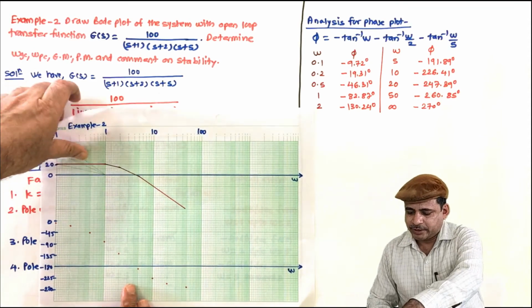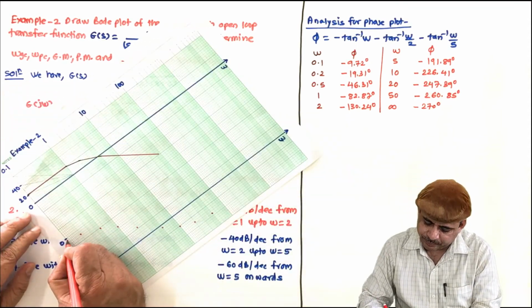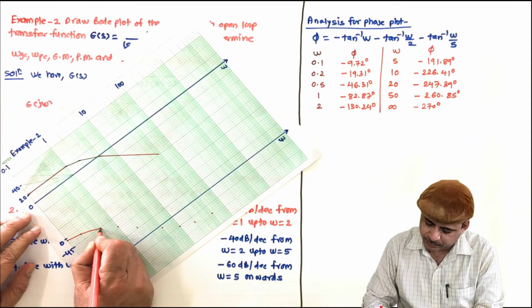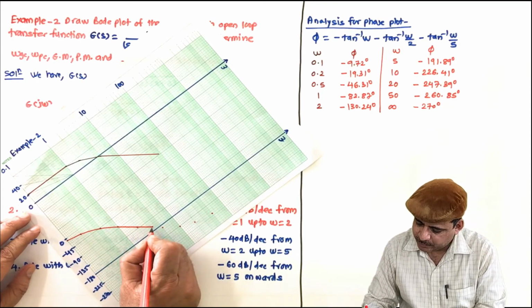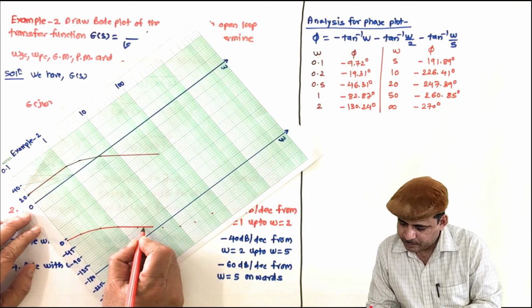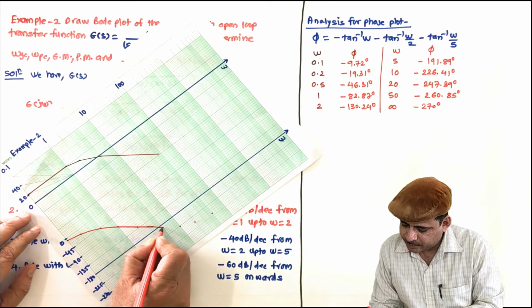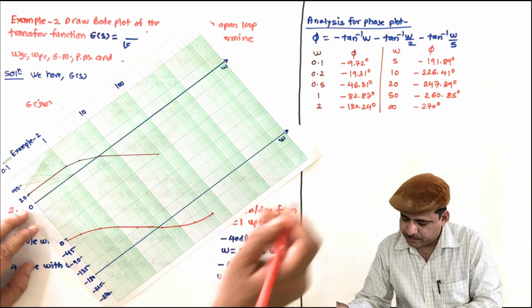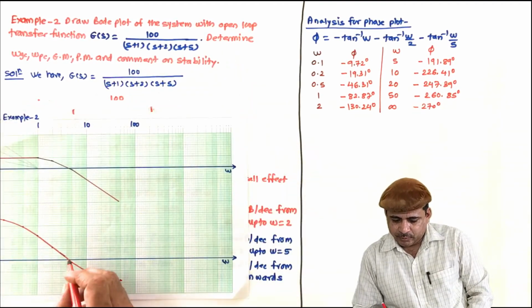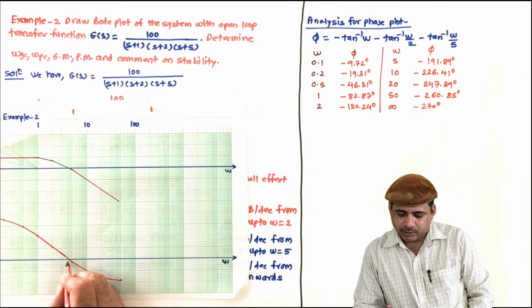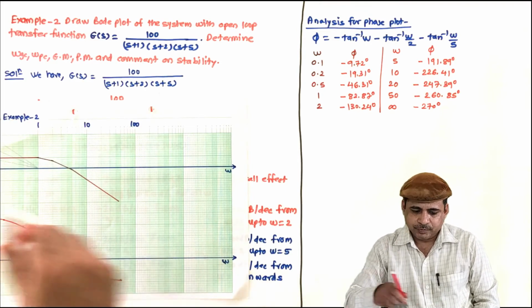And then join these with freehand. And omega PC is coming around 4.2.